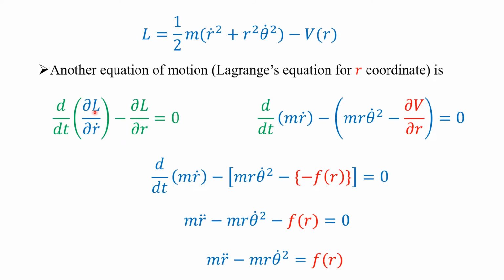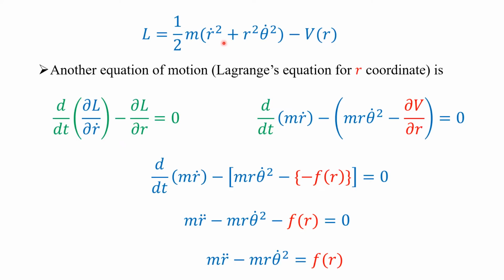Now you see delta L over delta r dot. I have written it in blue font. If you look into this Lagrangian, there is only one term which depends on r dot.